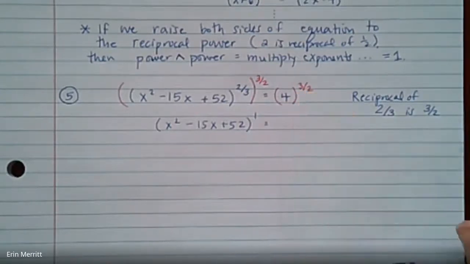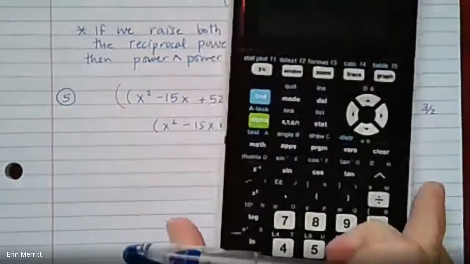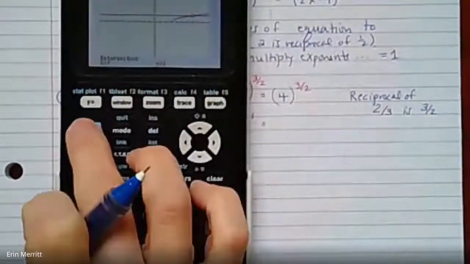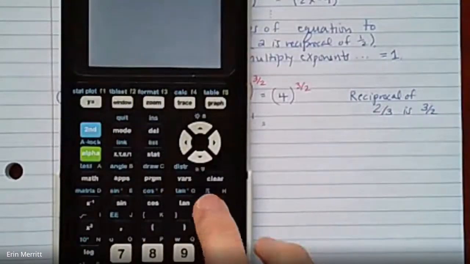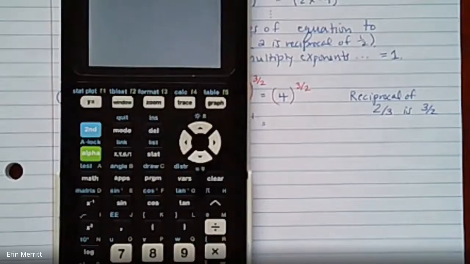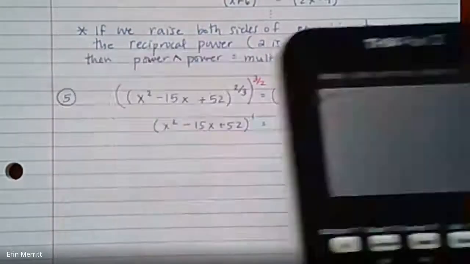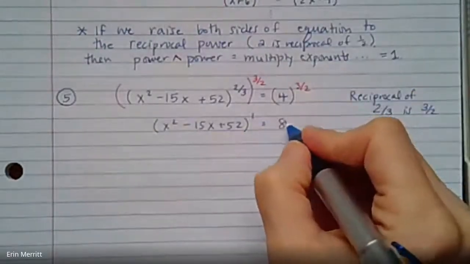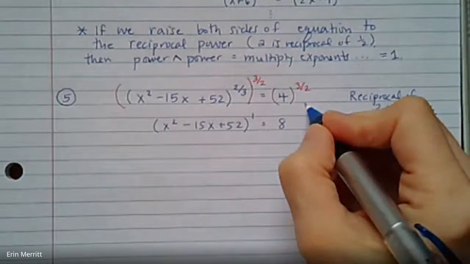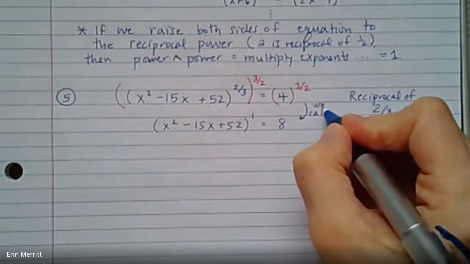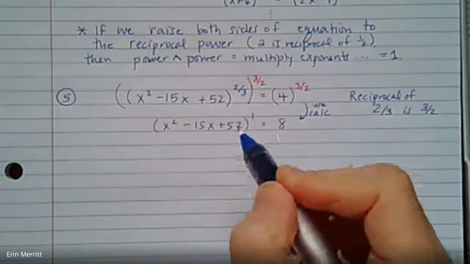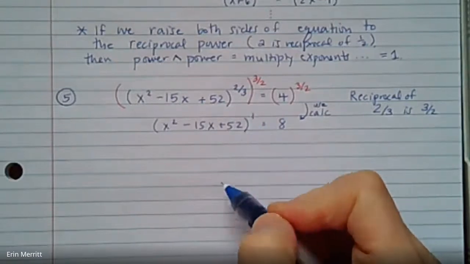But there's nothing wrong with just grabbing your calculator and saying 4 raised to the 3/2 power. There we go. And that'll give us 8. And so write yourself a little note that you can use your calculator here, right? Well, if this is to the first power, I can drop that 1 right off of there.